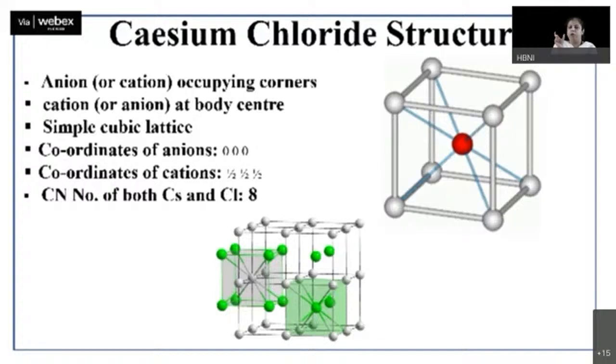So the formula is 1:1, cesium 1, chloride 1, cesium chloride. Okay. So coordinate of the anion or the ion that is occupying corner is 0, 0, 0. Coordinate of the ion that is occupying body center is half, half, half.